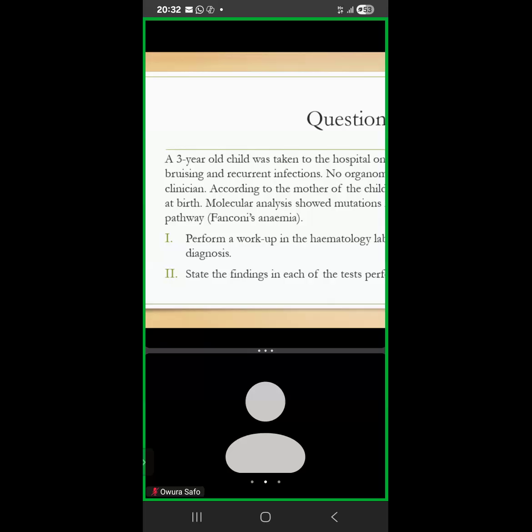Now, you and I, what we have is a full blood count machine and a peripheral blood smear, but we cannot do what follows because we end up at full blood count. That's fine. But full blood count and peripheral blood smear, what did I call them? Screening tests. And so in science, I remember when we were doing physical chemistry, there are initial tests and confirmatory tests.